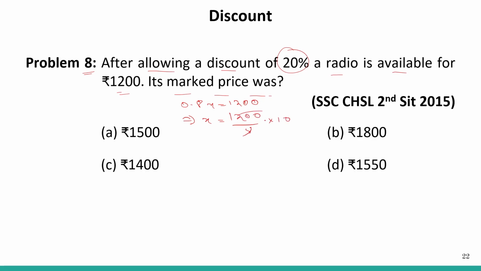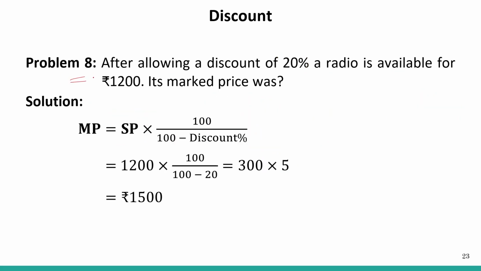Dividing by 4, we are left with 3000 by 2, that is equal to 1500. So 1500 will be the correct answer here. This question appeared in the SSC CHSL second sitting of 2015 paper. So among these 4 options, only option A is correct.